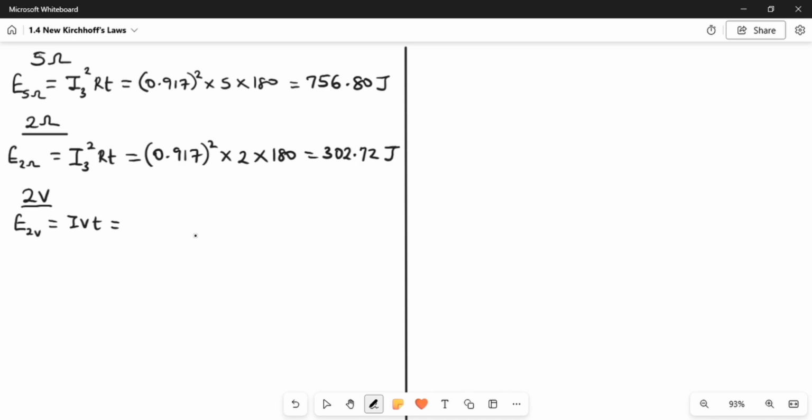I1 is what is passing through the 2-volt battery. So we say I1 times VT, which equal to 1.393 times 2, which is V, times 180. That gives us 501.48 joules.